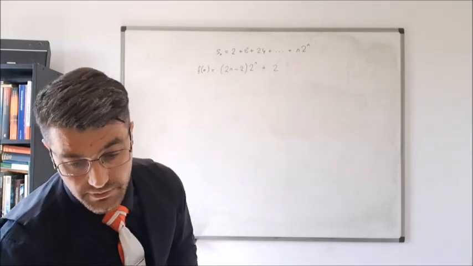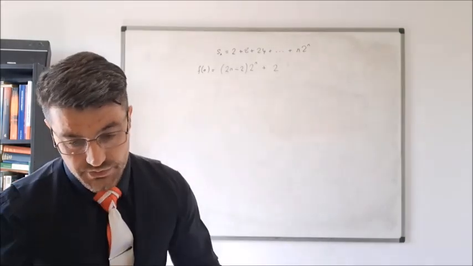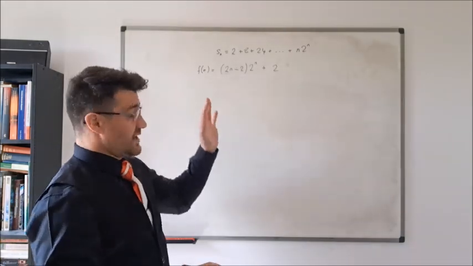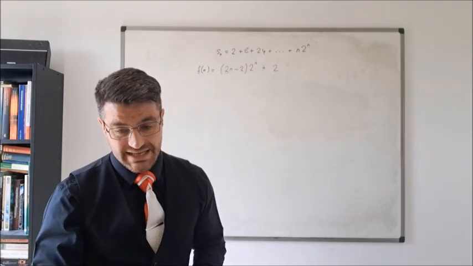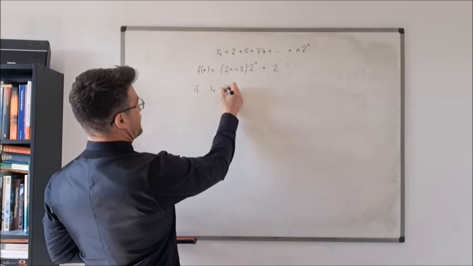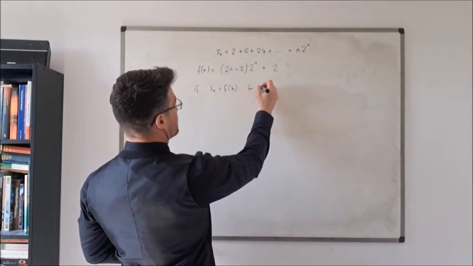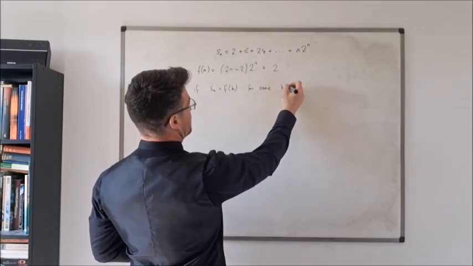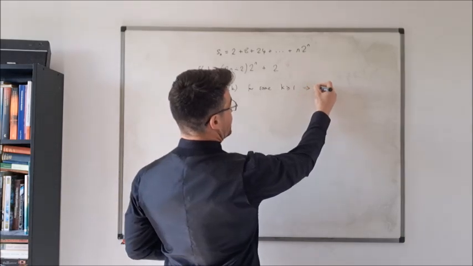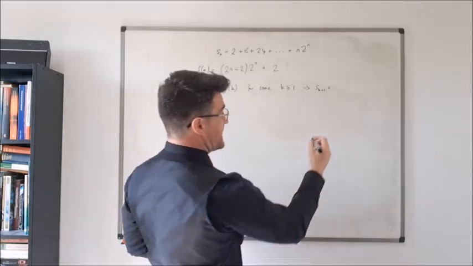Okay, so the next part of the problem says, using these values, the values of a, b, and c, show that if sk equals fk, for some k greater than or equal to 1, then this implies that sk plus 1 is equal to fk plus 1.